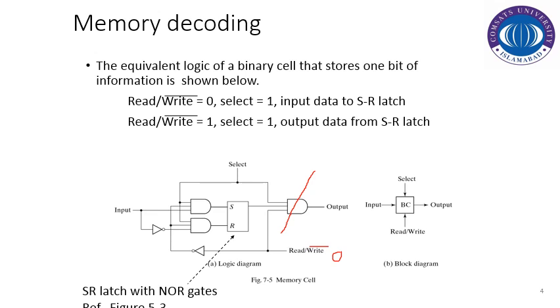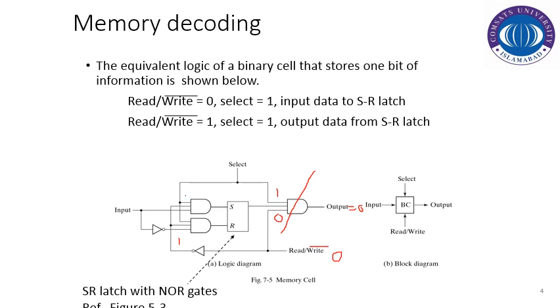We can see that this line goes to 0 and the select line was 1, so the output is 0, the default value produced in that case. So in that case, we are basically writing the data to the latch, and we can see that this 0 has been inverted to 1 here.